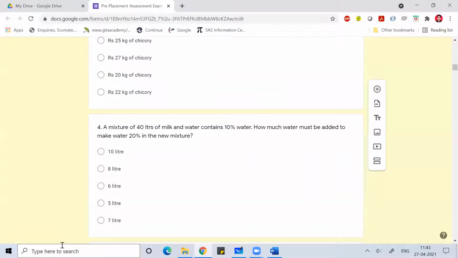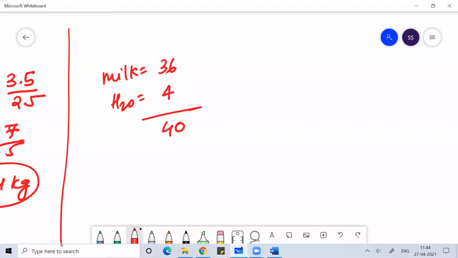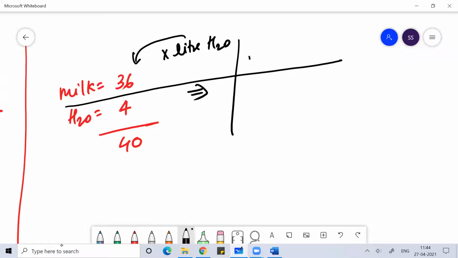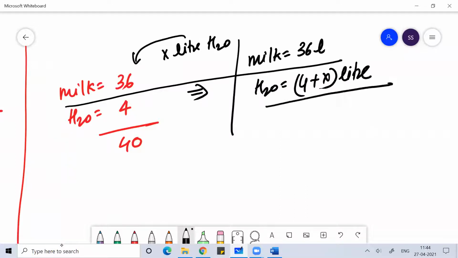Then how much water should you add so that the water becomes 20%? Suppose I add x liter of water into this. Then there is no change in the milk. Milk would remain 36 liter, but the water which was earlier 4 liter becomes 4 plus x liter, and the total volume will become 40 plus x.